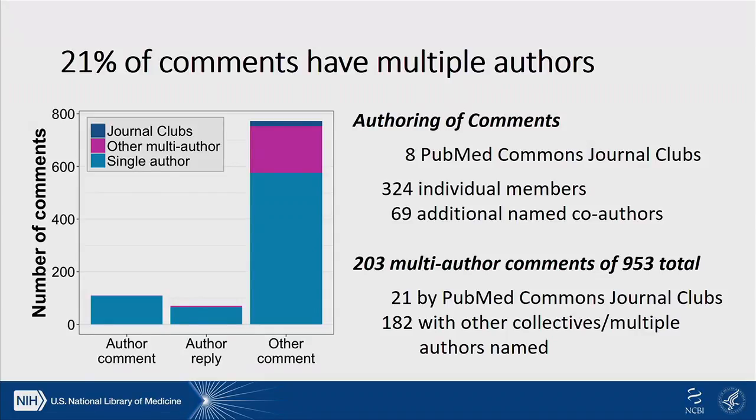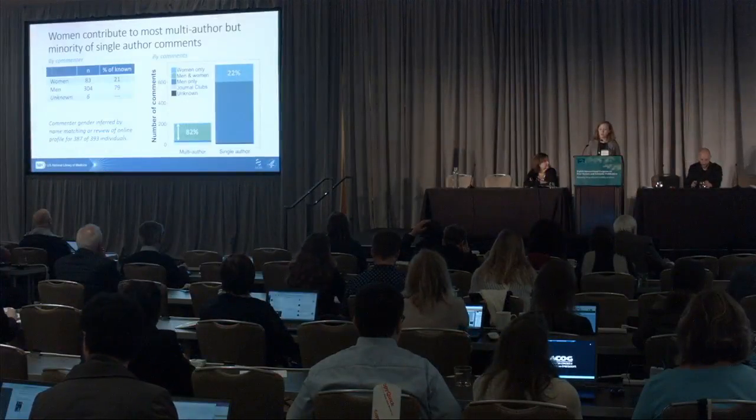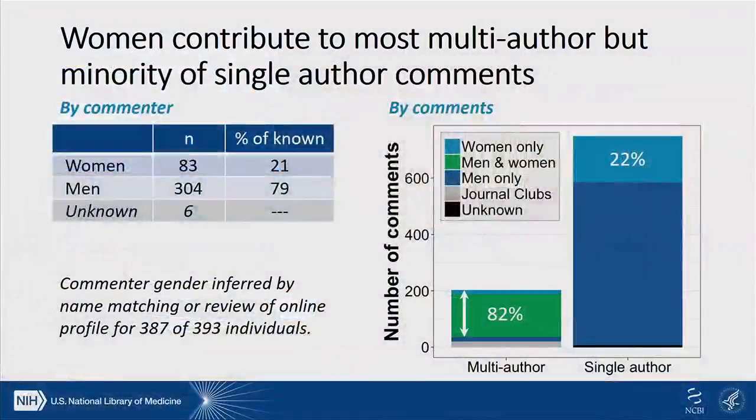We looked at the demographics for those individual members and additional co-authors. We do not collect any demographic information when people sign up for PubMed Commons. So this was done through a mix of name matching for gender, then searching to resolve some ambiguous issues with gender, and then searching for the commenter country as well.